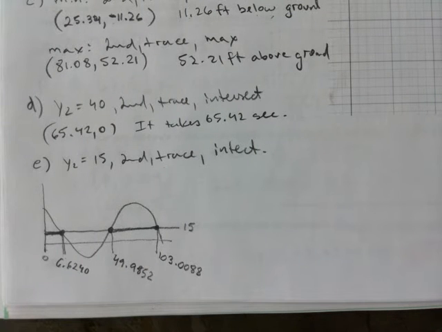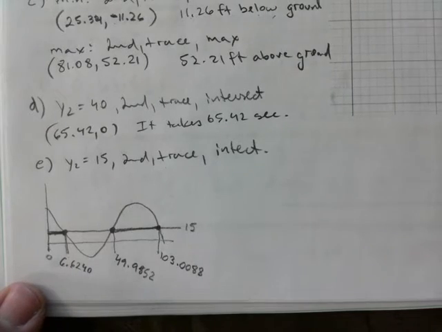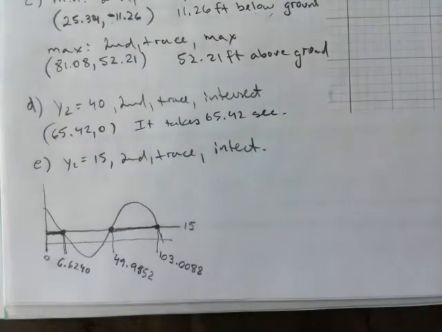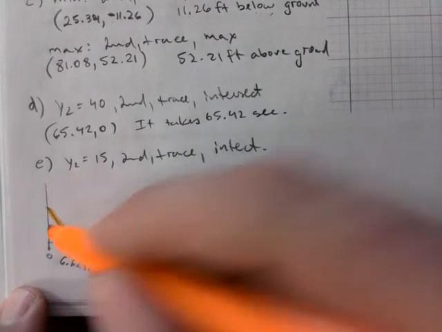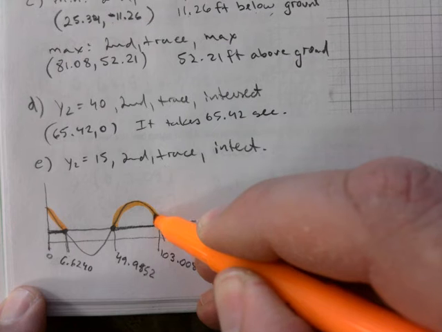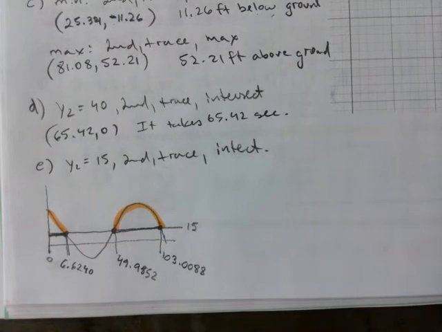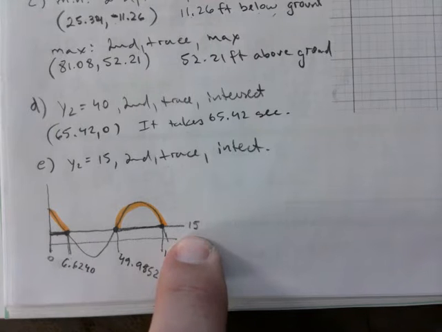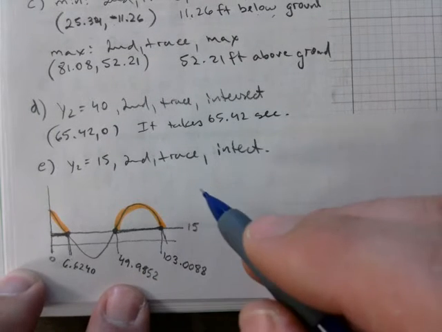Just because of time, I'm going to figure it out. So we are interested, right? Let's make sure we understand that. We're interested in this, and we're interested in the time that went by here. So always above that 15 foot mark. Okay. So watch this.